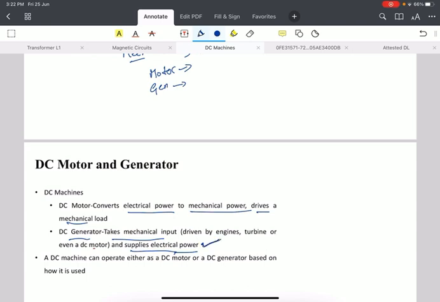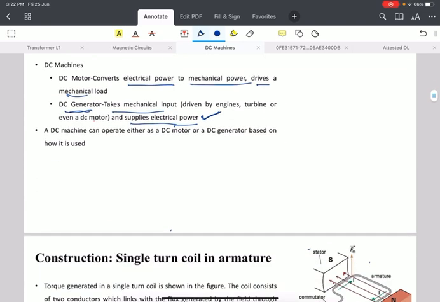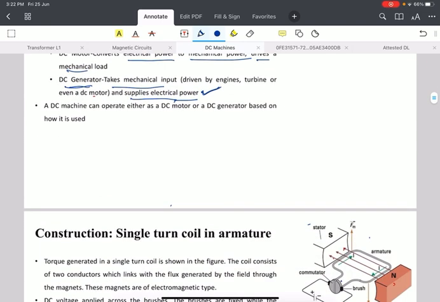It provides a supply to the electrical load. That type of machine is known as a DC generator. A DC machine can be operated as either a DC motor or a generator based on how it is used. Based on requirement, you can use it as a generator or as a motor.